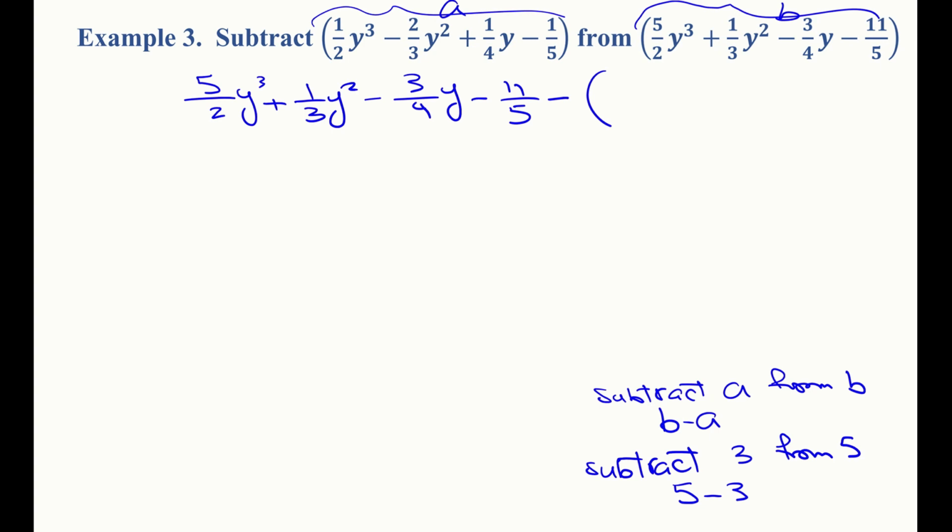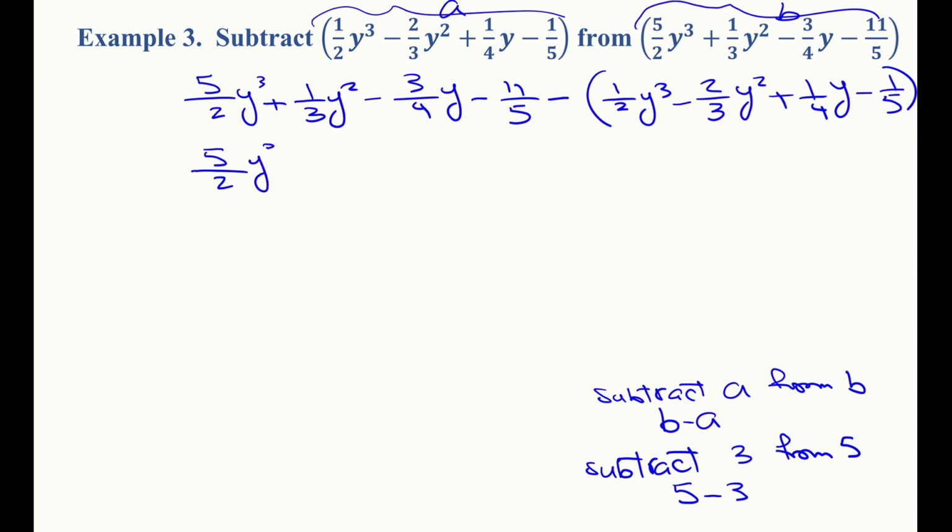So minus, now I'm going to write that other polynomial, the A. So 1/2 y cubed minus 2/3 y squared plus 1/4 y minus 1/5. All right, so once again, we can go ahead and just write the first polynomial, 5/2 y cubed plus 1/3 y squared.